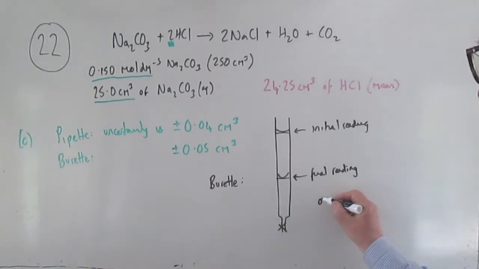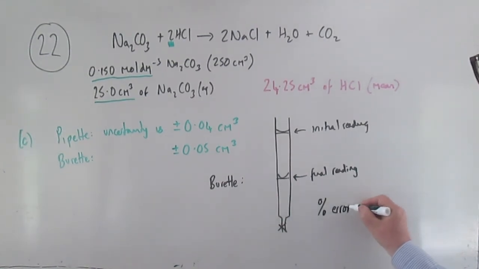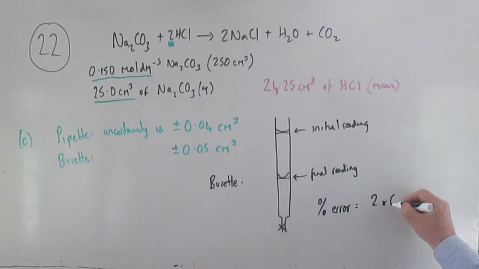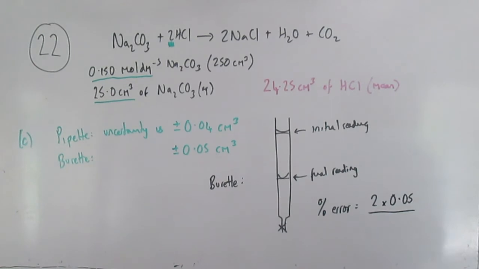So therefore the percentage error is 2 times 0.05 divided by the volume measured. You could use any of the 3 individual ones, or you could use the mean.